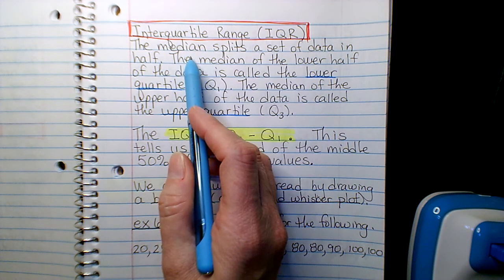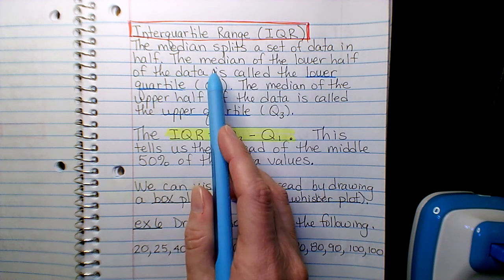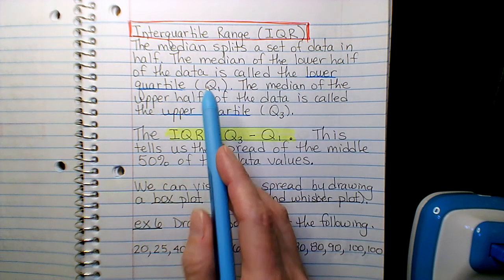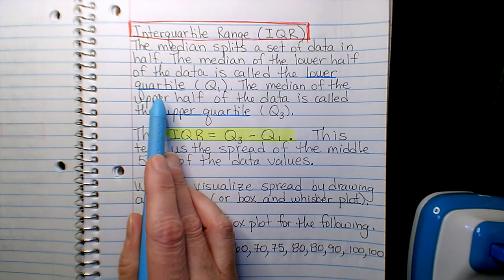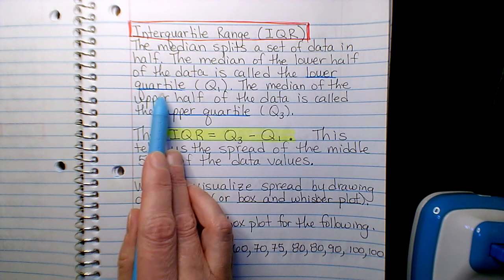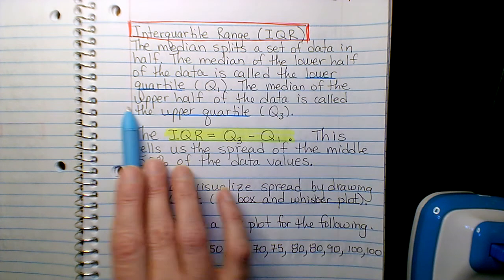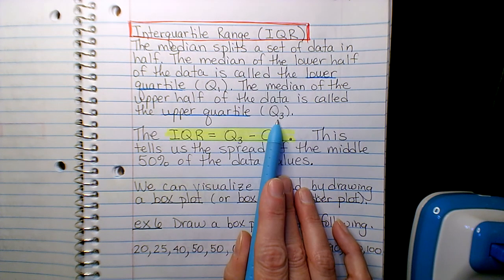The median of a data set splits a set of data in half. The median of the lower half is called the lower quartile. Now the word quartile is because we're splitting this data into fourths, right? The word quart implying fourths.